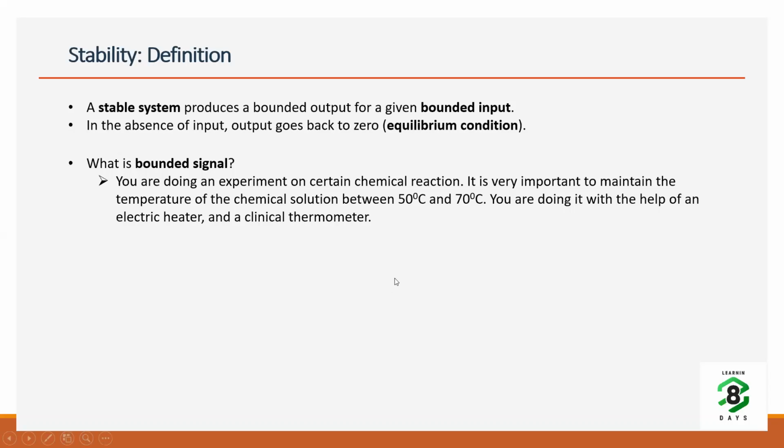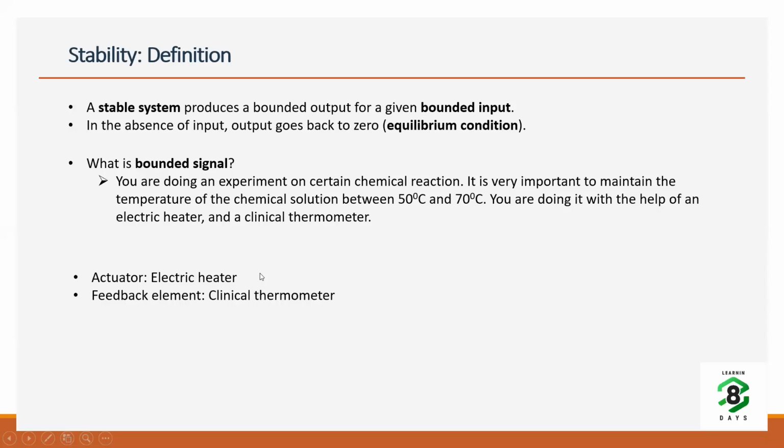Now let's identify the elements of the control loop. The actuator is the electric heater. This means the actuator is the component which will impact the parameter you are trying to control. Temperature is what you are trying to control, and the electric heater will help you heat it up. If you keep the heater off, the temperature will come down to the ambient temperature, and you have to heat it up again.